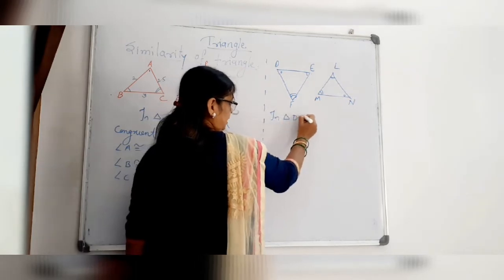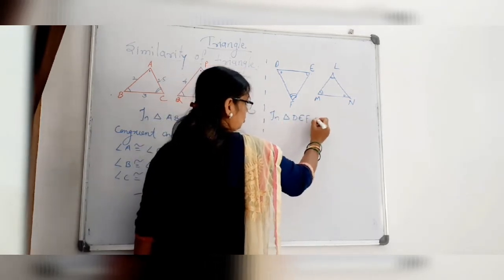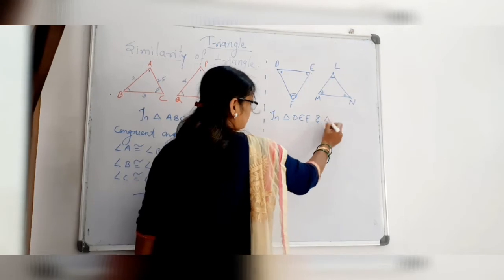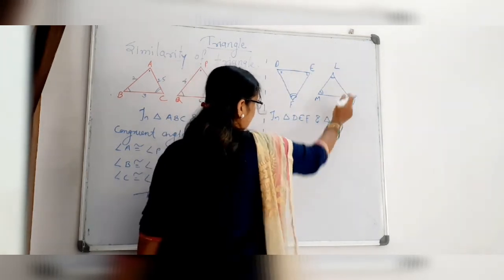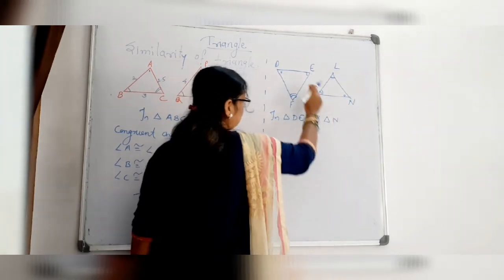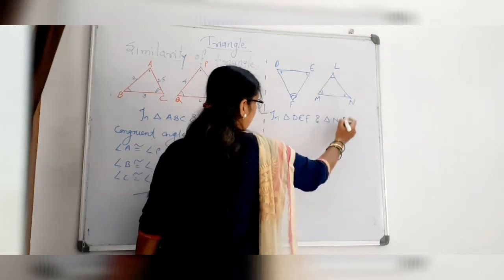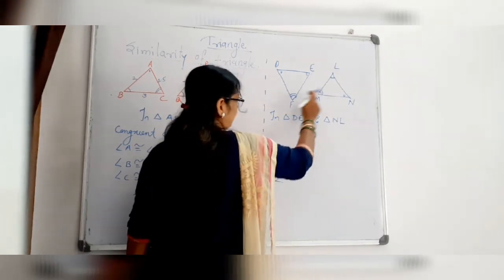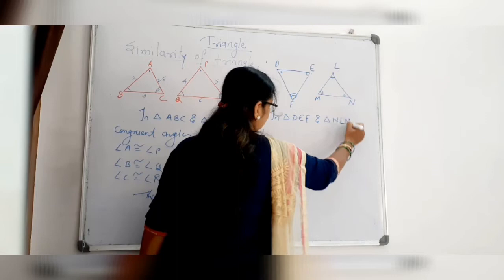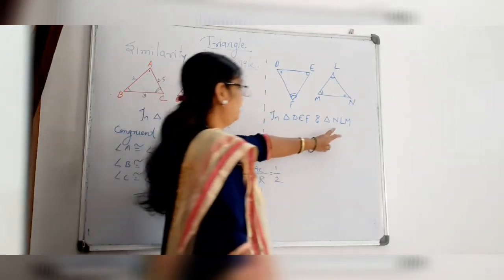If we take DEF, you have to take the second triangle. Now D corresponds to N, so first write down N. Then E corresponds to L, so NL, and F corresponds to M. So what is the name of your triangle? NLM.